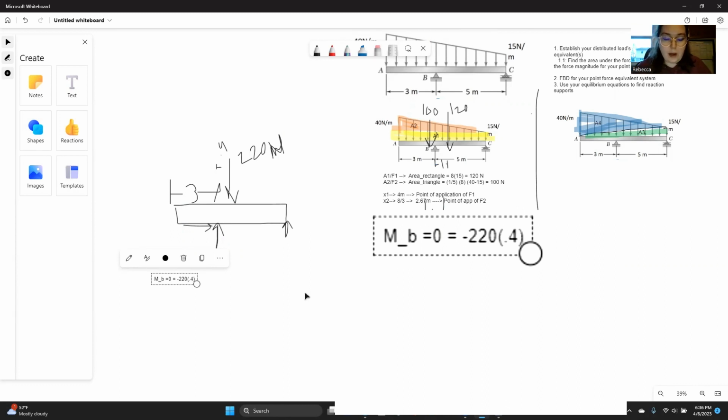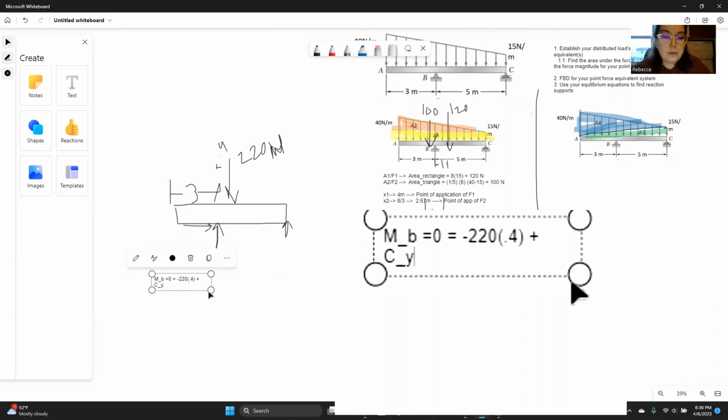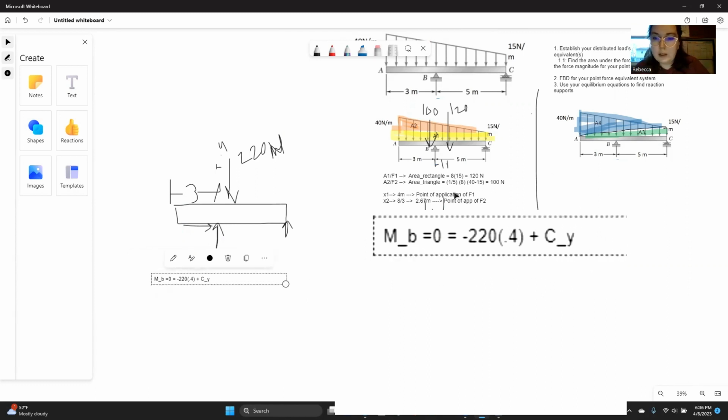The other moment impact that we're balancing that with would be our Cy. Cy is going to oppose that motion, so that's going to be a positive Cy times the perpendicular distance. Cy is at that full 8 meter mark. It is 5 meters from B, so the perpendicular distance is going to be 5.